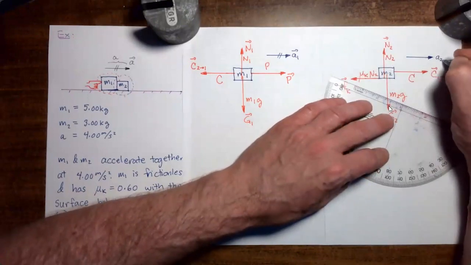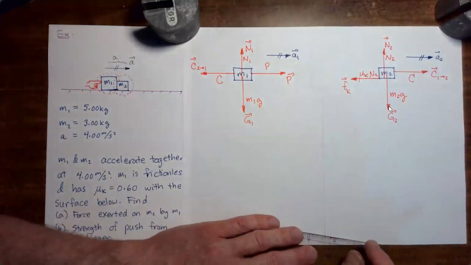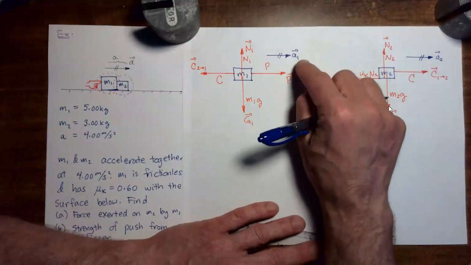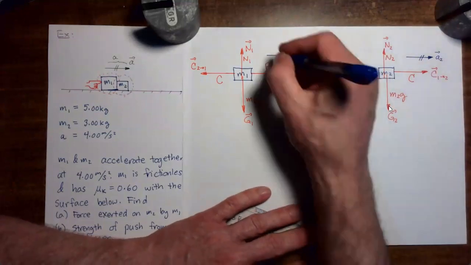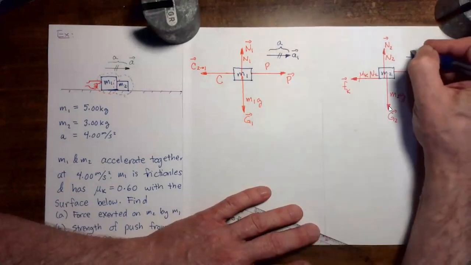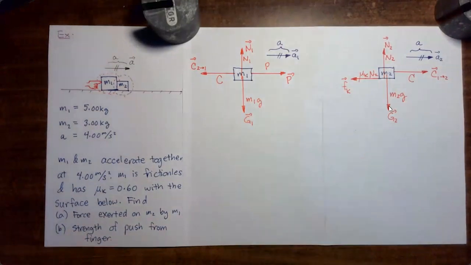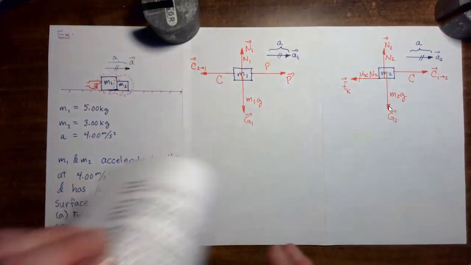I will call that A2. Now, those two acceleration vectors are exactly the same, even though I have given them 1 and 2 subscripts. And since they are exactly the same, they have the same magnitude. So I will call both magnitudes by just the letter A. So that was step 3 on the handout.